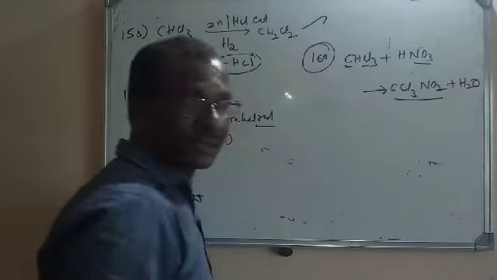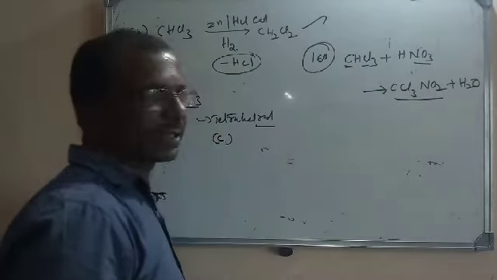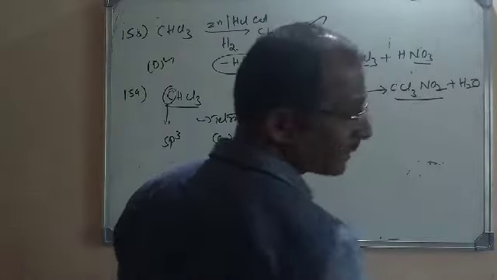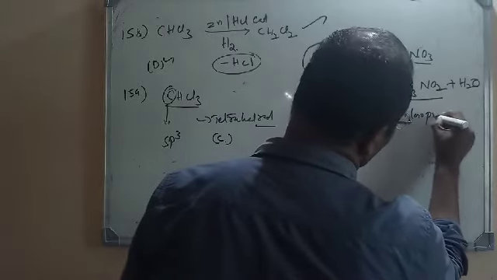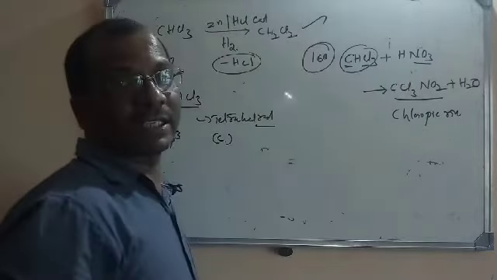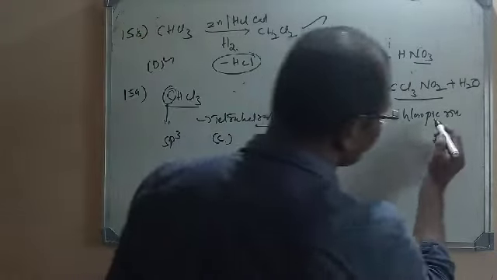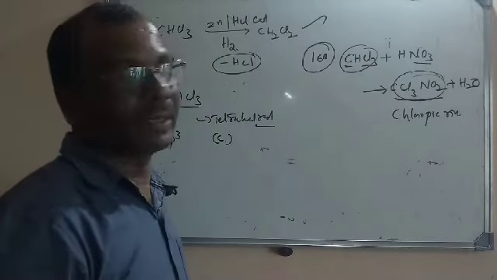So this is the product. If you see the options, the first one is chloropicrin. Yes, the other name for this CCl3NO2 is chloropicrin. So chloropicrin is the product. Chloroform on treating with concentrated nitric acid, CCl3NO2 will be formed. That is known as chloropicrin.